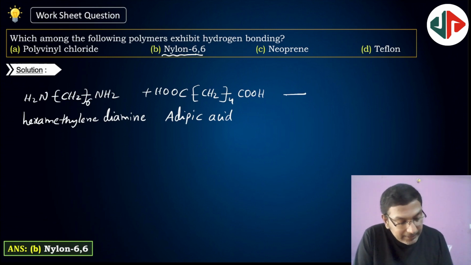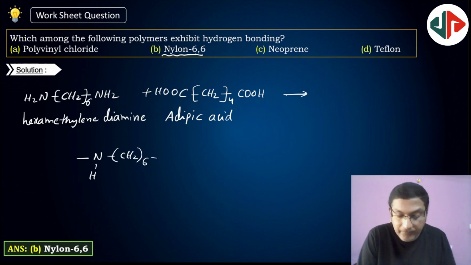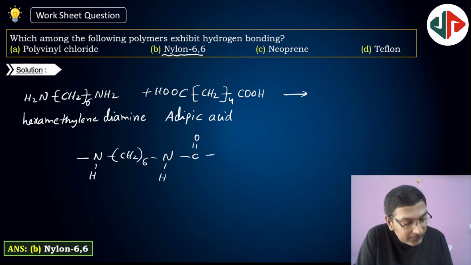On condensation it gives NH, CH2 six times, NH, CO, CH2 four times, CO, and so on.